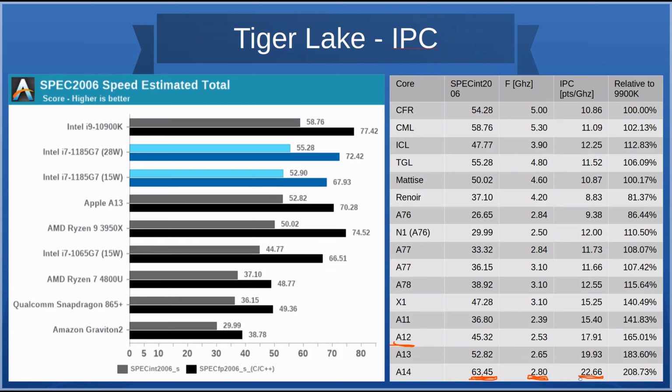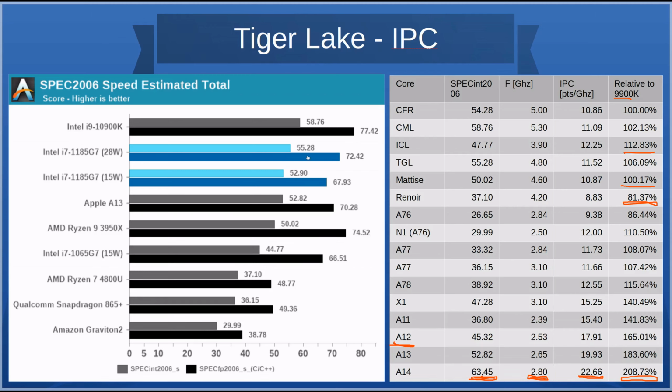And look here. The prediction for the IPC is more than double the IPC of Intel Comet Lake, more than double the IPC of the actual Zen 2, even higher IPC than the AMD Renoir, and almost double the IPC of the Intel Ice Lake.